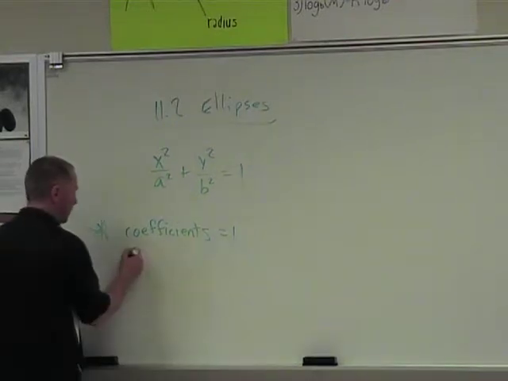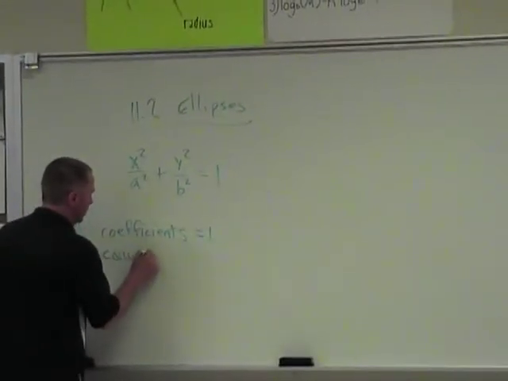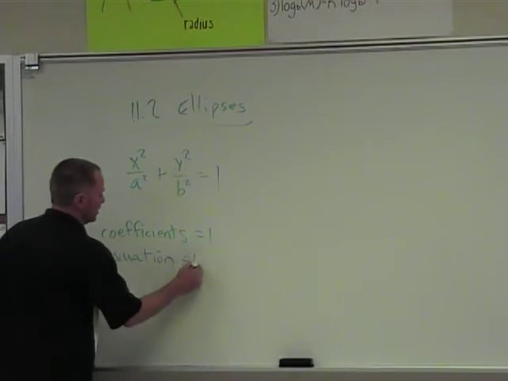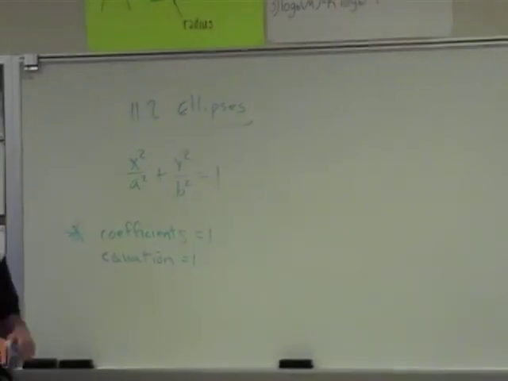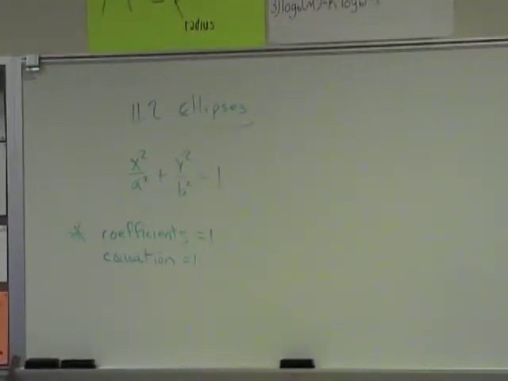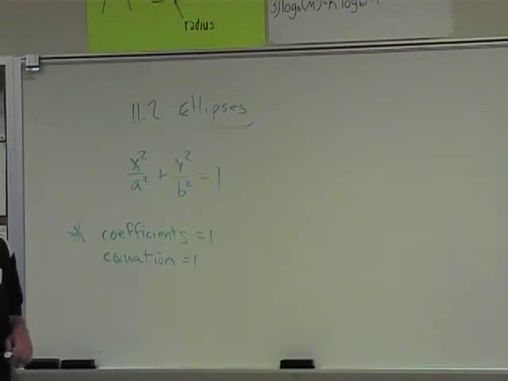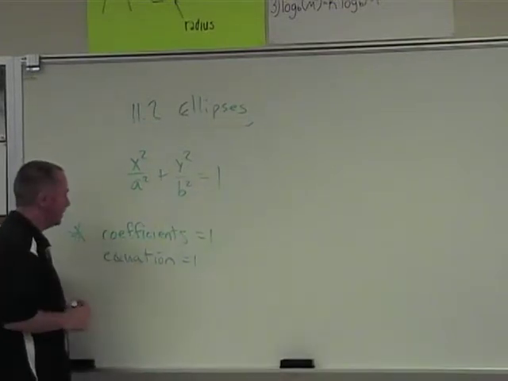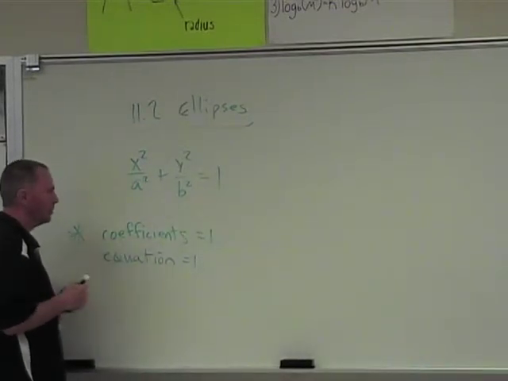But first and foremost, the equation has to be equal to 1. That's the first thing you actually need to do. And then your coefficients need to be changed to 1s. I'll show you how to do that after the first example. Those two things are the most important before you even get started.